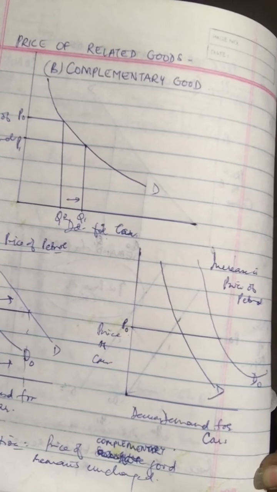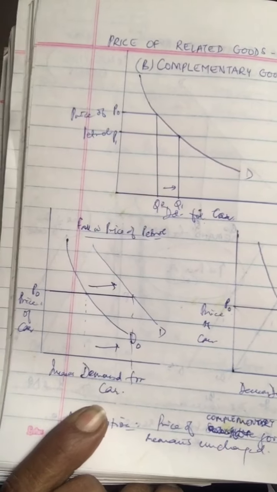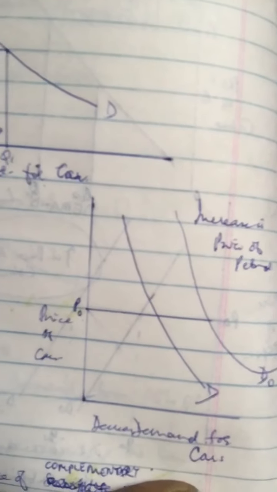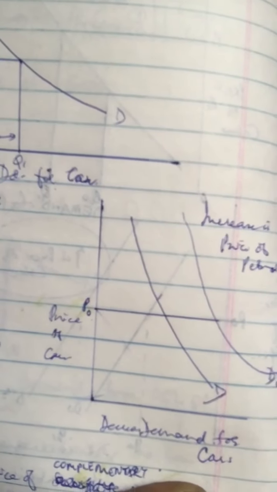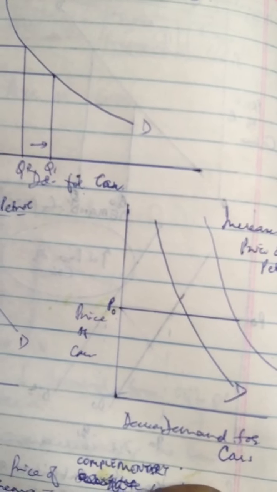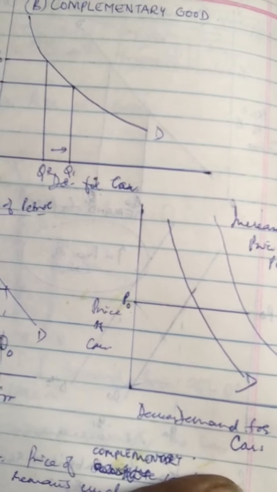The demand for cars will increase, right? On the other hand, if there's an increase in the price of petrol, then what happens? Prices of car remaining the same, there will be a fall in the demand for cars. So this is how we explain the concept.